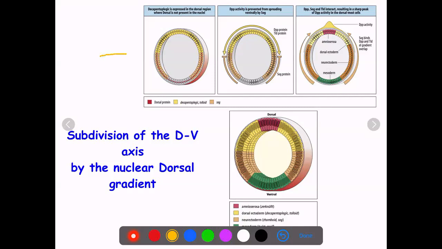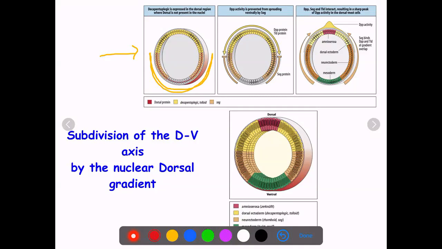So this is from your book. I think it tries to focus more on the dorsal side, because in the ventral side Toll signal is dominating. But in the dorsal side there's no Toll signal, there's another signal.